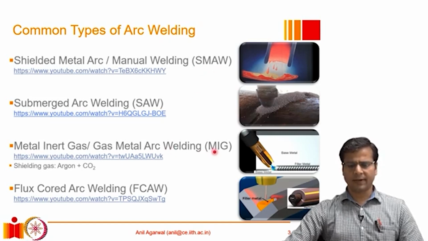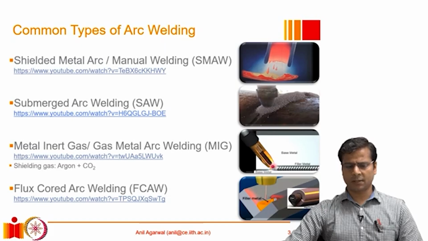So in MIG welding, instead of depositing a flux material, we directly release the inert gases, the shielding gases. The shielding gases typically contain argon and carbon dioxide. So this is how a typical nozzle looks like. It has two chambers or two nozzles within it.